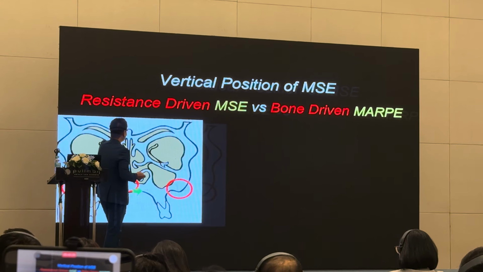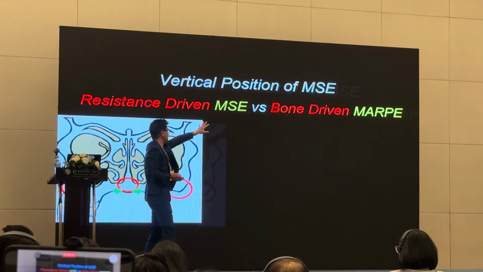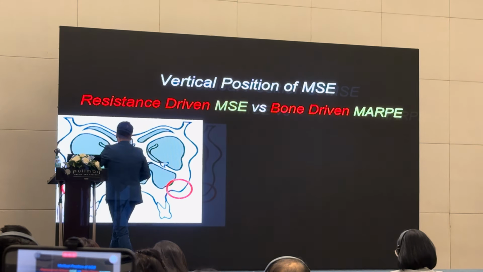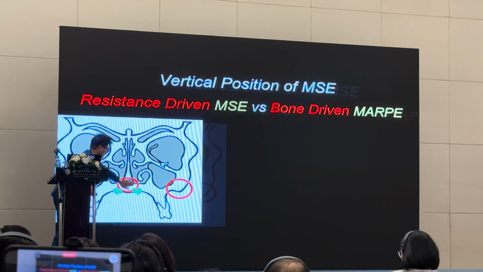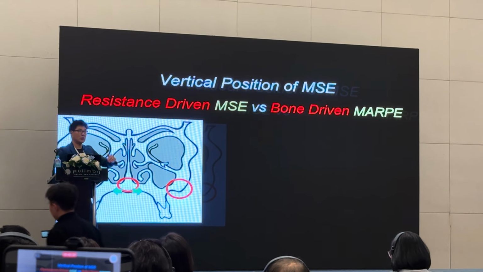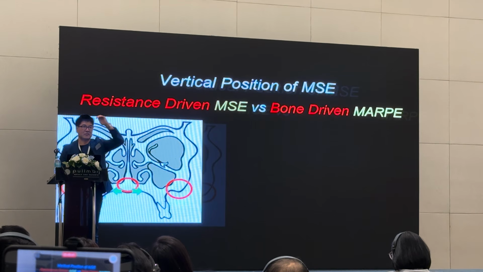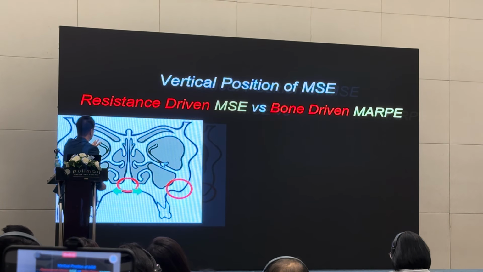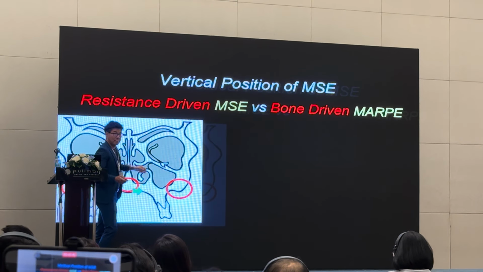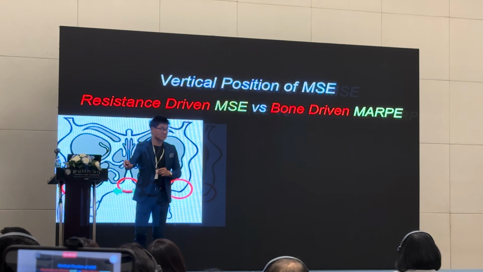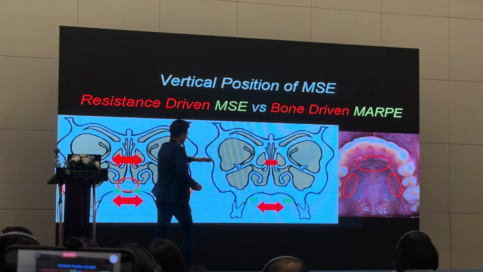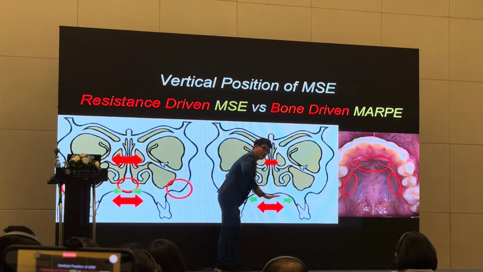So now, back to the resistant-driven system versus the bone-driven system. The resistant-driven system has to have a force vector closer to up here, right? So all the way up from the palatal bone in order to promote superior expansion. With the bone-driven system, the force vector will be a little bit lower.